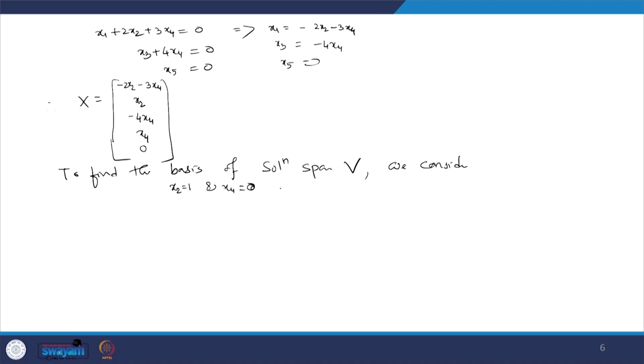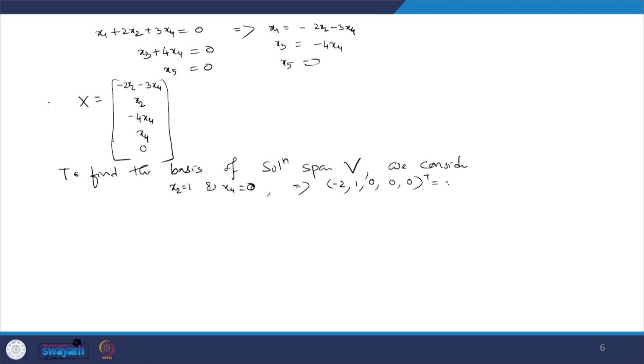So, x1 will be minus 2, then x2 is equal to 1 as I have considered, x3 is equal to minus 4x4, so it should be 0, and x4 and x5 are also 0 and 0, transpose. So, this is one solution.